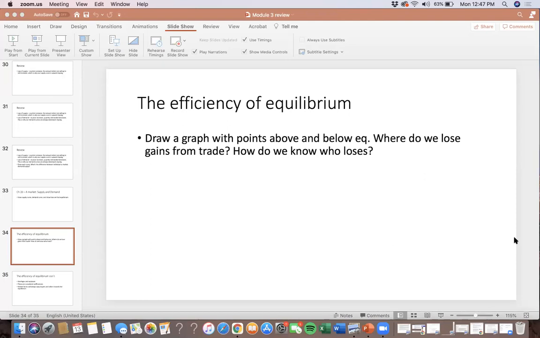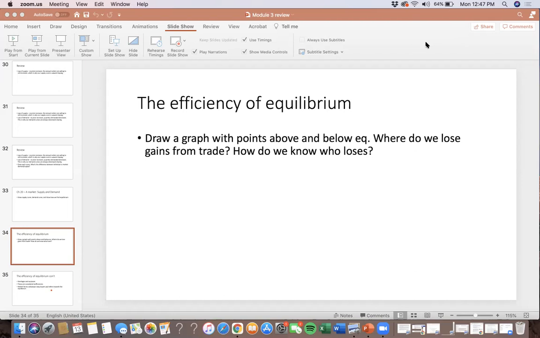Suppliers are only supplying up to 50 of this good or service. An additional 50 consumers are going to be unhappy because there's a shortage in this market. So we'll talk about those losses a little bit more in the next two chapters, as long as you know that equilibrium is the most efficient point of trade within that graph.